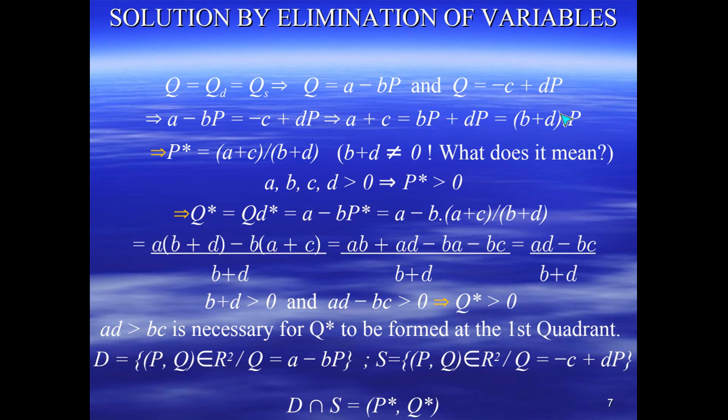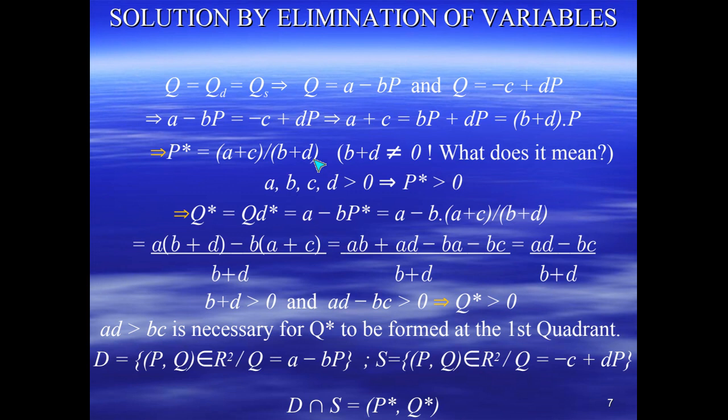And when we factorize P, we obtain B plus D times P. So A plus C equals B plus D times P. And when we divide both sides by B plus D, we obtain P star, which is the equilibrium price, as A plus C over B plus D. This is the equilibrium price, the solution of the price of the model.